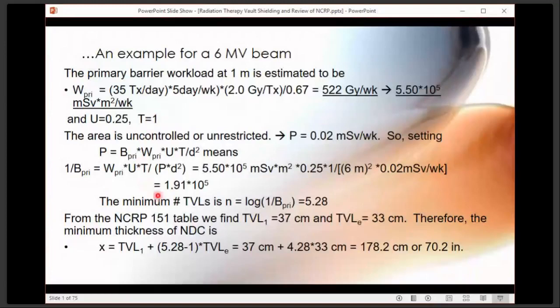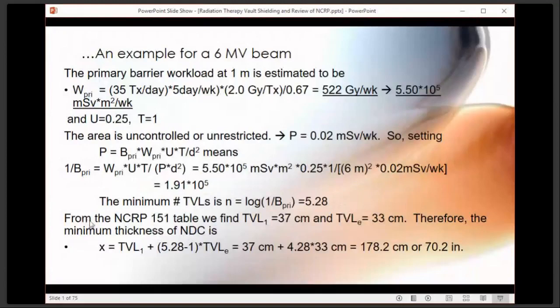We end up with 1 over B is equal to 1.91 times 10 to the 5th. So the minimum number of TVLs, the log of 1 over B, is 5.28 TVLs required as the minimum number of TVLs to shield that area.